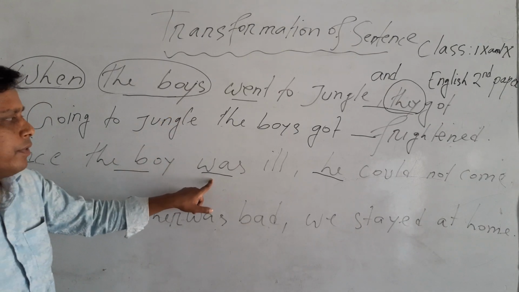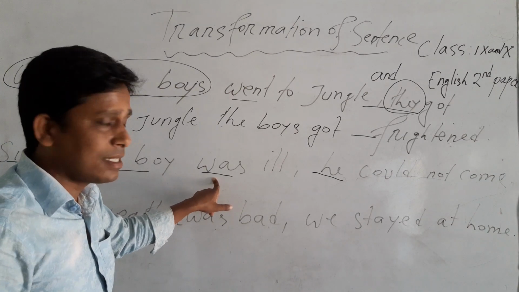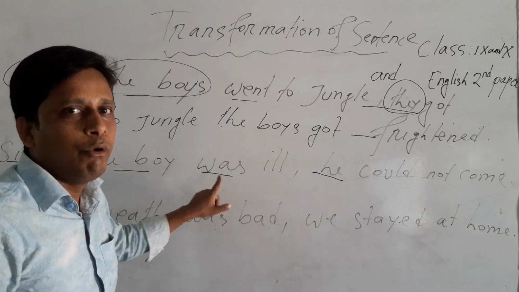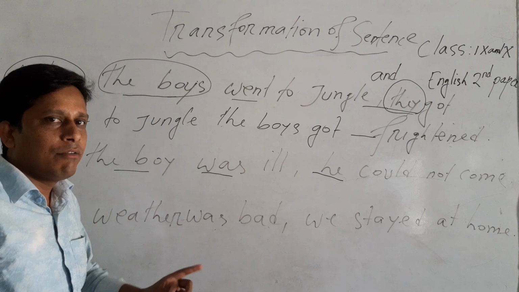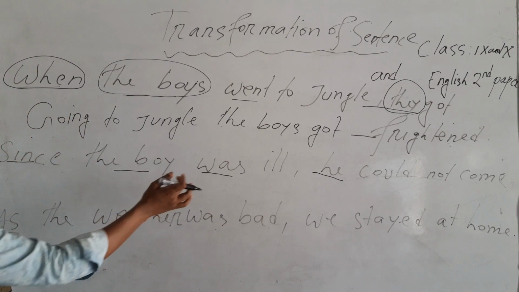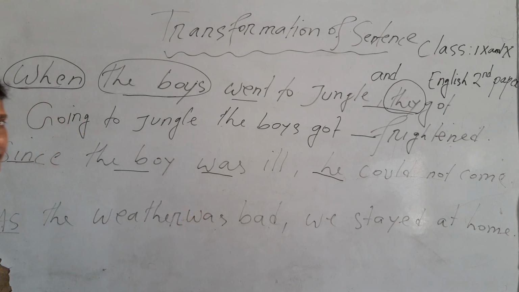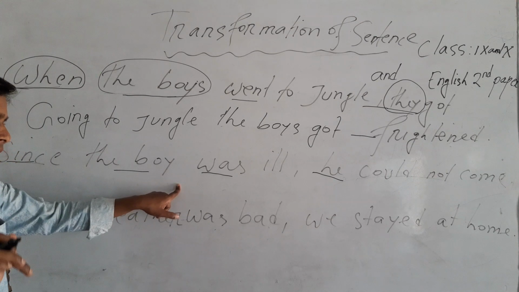And because of the auxiliary verb, we need to change the form of the rule. So if there is an auxiliary, then if you want to transform it into simple, it is very easy.